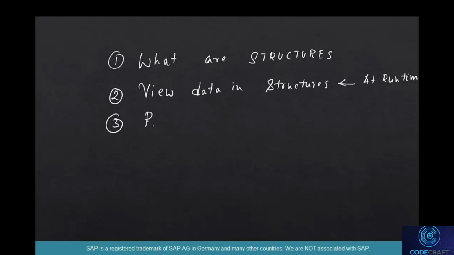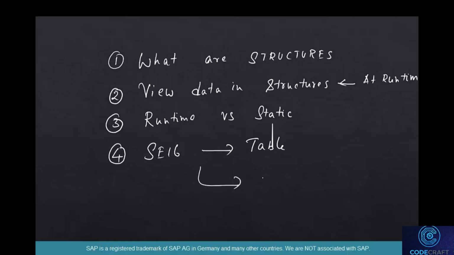So a structure is always runtime, versus a table which has static data all the time. And we know that in SE16, the data browser, you can see the data in a table but not in a structure. And we know how to view the definition of a structure. Go to SE11, enter the structure name, and you can see the fields in that structure.